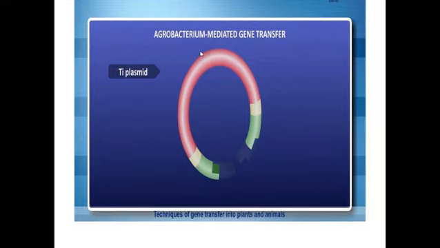So this type of gene transfer technique is also called agrobacterium-mediated gene transfer. The biological gene transfer method is also called the indirect gene transfer method or vector-mediated gene transfer method.